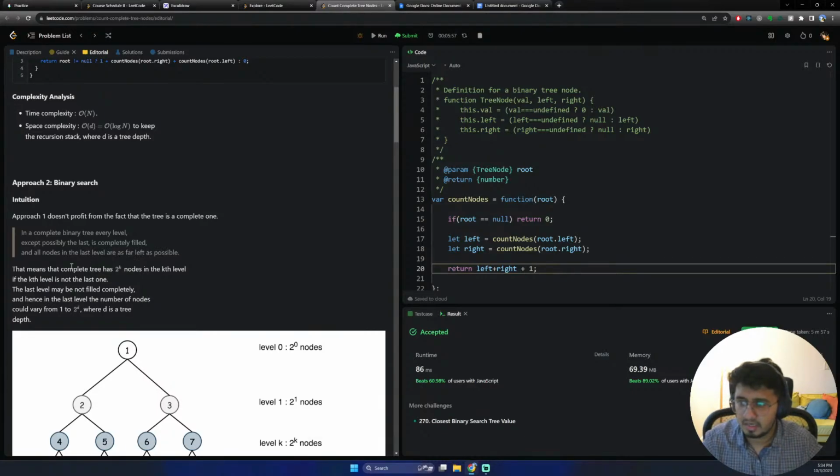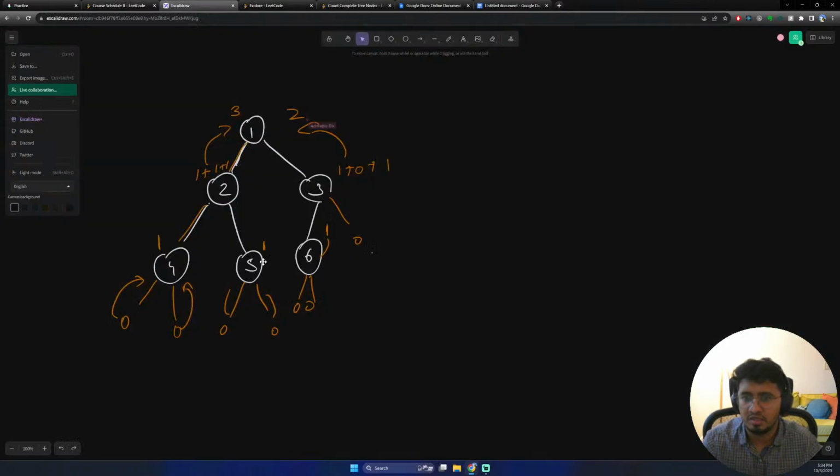That means that a complete tree has 2 raised to k nodes in the kth level if the kth level is not the last one. Okay, got it. The last level may not be filled completely. Yeah, that's true, because in this case the last level is this one and it is not completely filled.